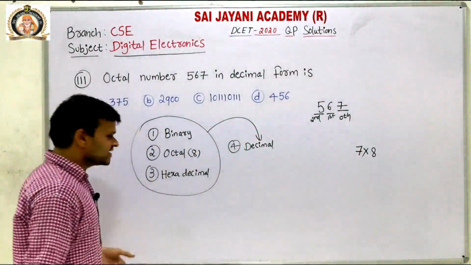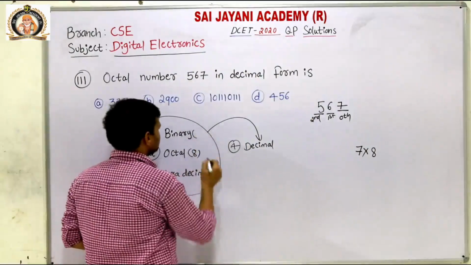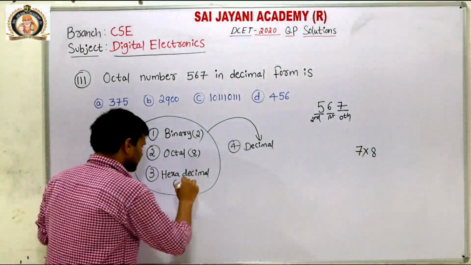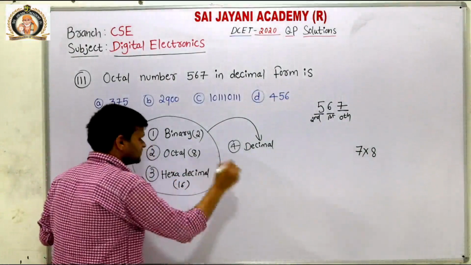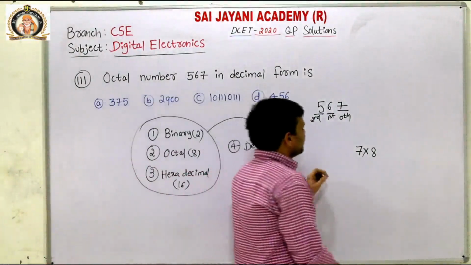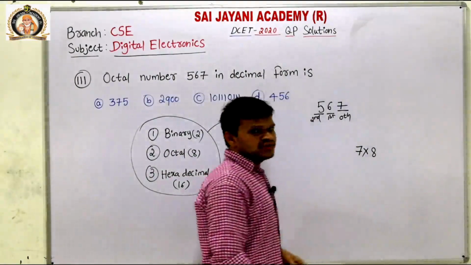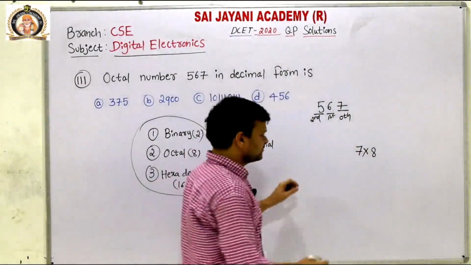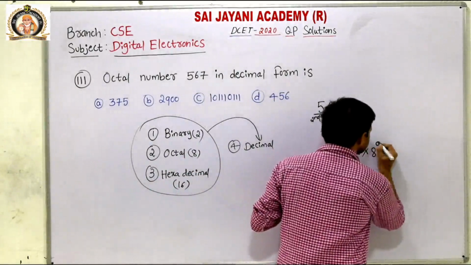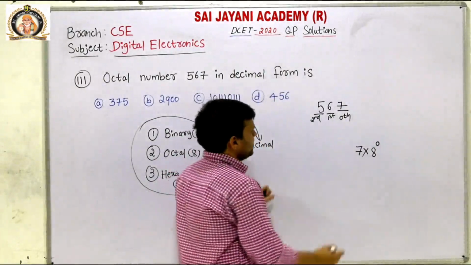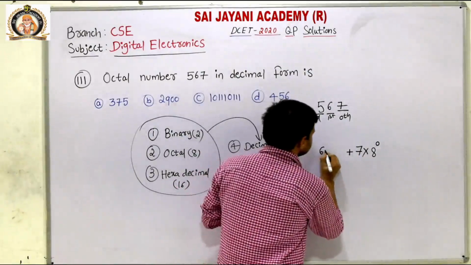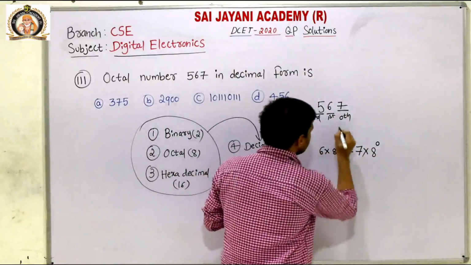Similarly, for binary number system, its base value is 2. For hexadecimal number system, its base value is 16. So, we are multiplying 7 into 8, and this 7 is present in 0th position. So, we have to write 8 raised to 0, which is added to the 6 into 8 raised to 1.